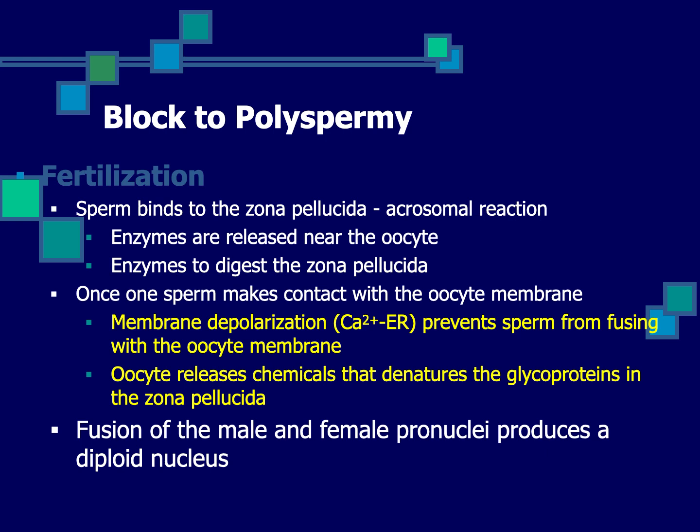When this happens, the secondary oocyte quickly completes meiosis, and then you get the fusion of the male and the female haploid nuclei, and this produces a diploid cell that has the normal number, 46 chromosomes.